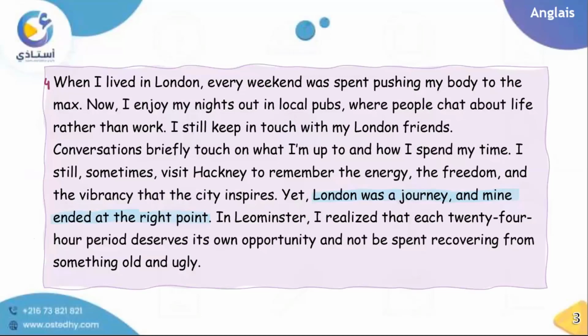Here it is. Over here, it's not highlighted, so let's do that ourselves. Deserves. In Leominster, I realized that each 24-hour period deserves its own opportunity and not be spent recovering from something old and ugly. So what does it refer to? What do you think it's referred to?